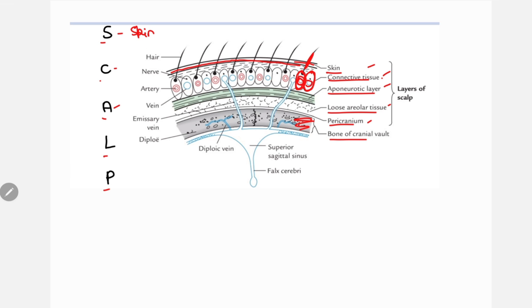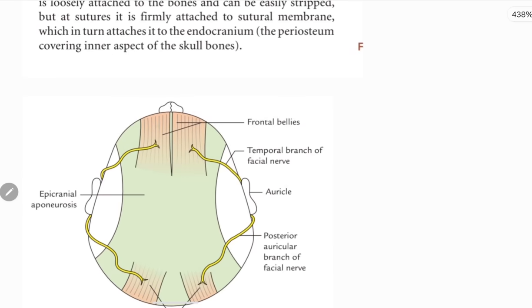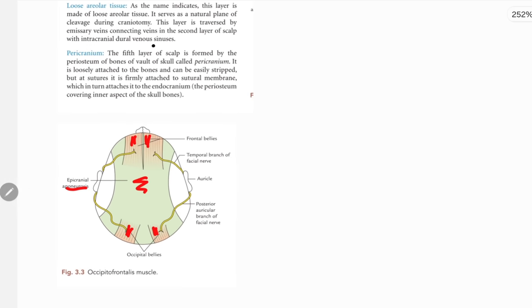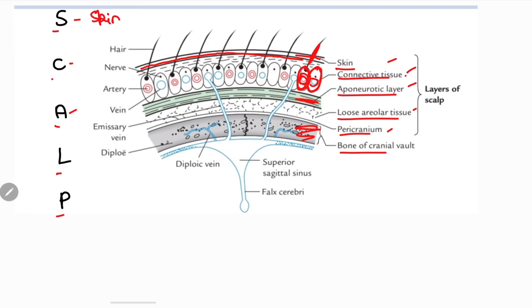This layer connects frontalis and occipitalis. Okay, we have muscles, I will show it. We have this frontal muscle and occipital muscle. Aponeurosis connects these muscles.